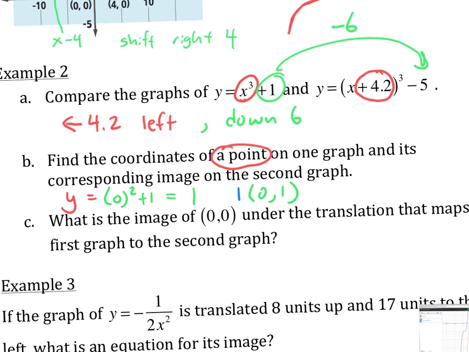Well, what we have to do is just apply what we did up here. We're going to subtract the 4.2 from here. So the new point maps to x equals negative 4.2. And we have to go down 6 here. So from here, I subtract 6 to get negative 5.